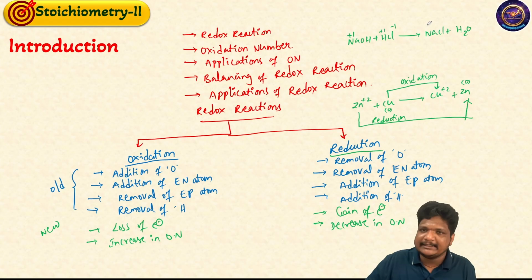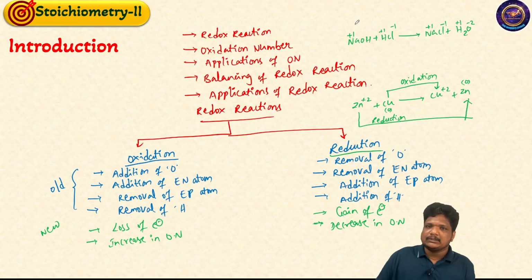In NaCl, sodium has plus 1 and chlorine minus 1. In H2O, oxygen has minus 2 oxidation state and hydrogen has plus 1 oxidation state. If you observe this reaction, sodium goes from plus 1 to plus 1, which means there is no change in the oxidation state of sodium, and hydrogen goes from plus 1 to plus 1.